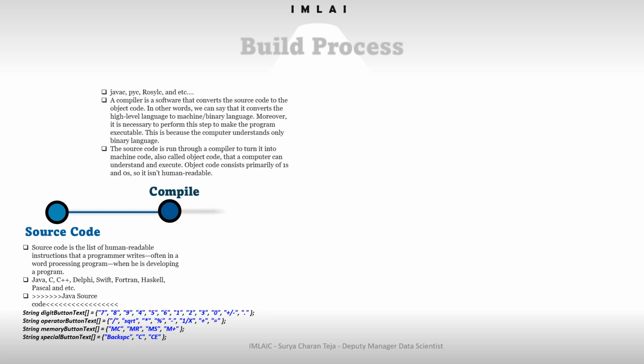Some compilers convert the high level language to an assembly language as an intermediate step, whereas some others convert it directly to machine code. This process of converting source code into machine code is called compilation. Let's look into compilation in more detail as we move ahead in this module.